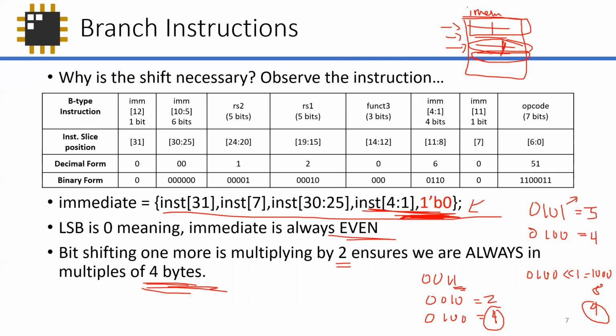Yes, sir. Thank you, sir. Okay, good. Very good of you to be very attentive and observant about it. Actually, I'm not the maker of RISC-V, but I believe this is the reason why they did it this way. Since we're accessing the instruction memory in terms of words, we always have to make sure we're accessing in multiples of 4.